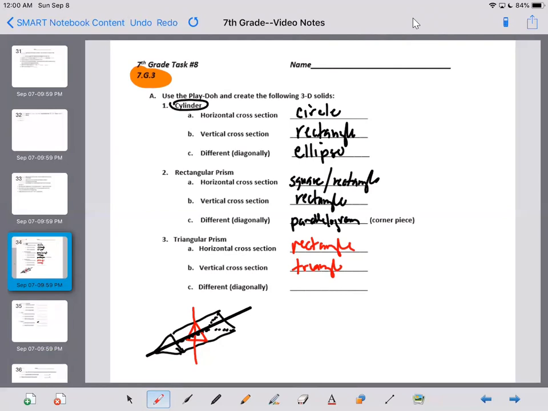And then we can slice it differently, and different shapes can come up. We can see rectangles when we take this triangular prism and slice it along the sides here; we would see that rectangle piece. So that's just a different view.